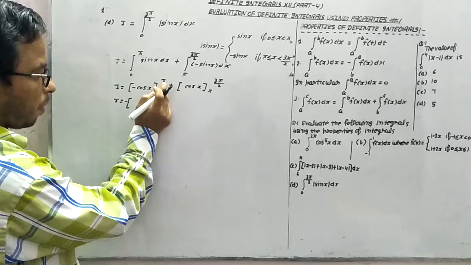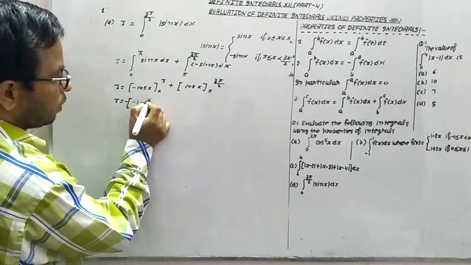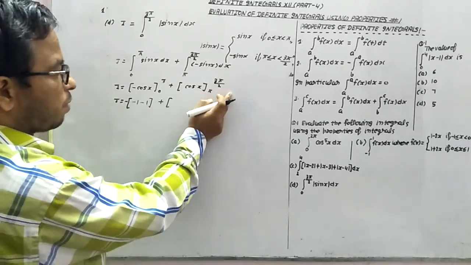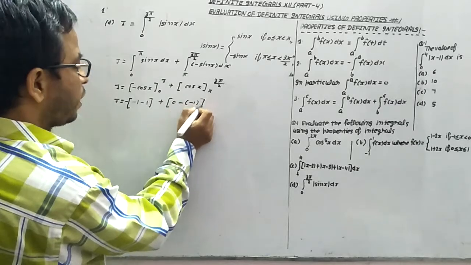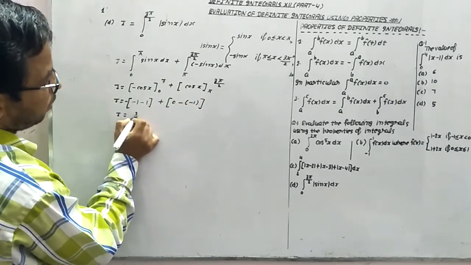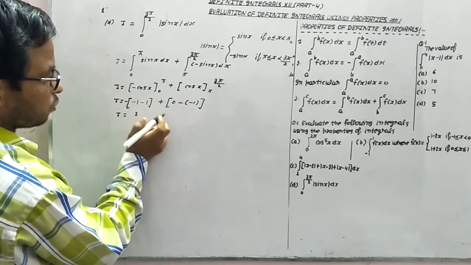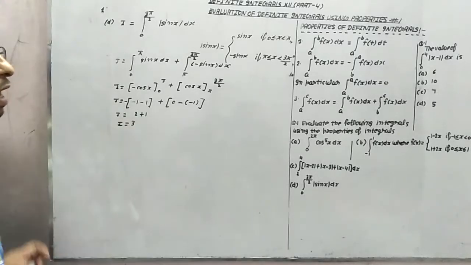Now cos pi, upper limit, is minus 1, and then minus cos 0, which is 1 only, this is minus 1, plus cos 3 pi by 2, which is 0, and cos pi is minus 1, it means this is minus 1. This becomes 2, because minus minus 1 minus 1 is minus 2, minus minus plus 2 plus 1, I is equal to 3, and this is the answer.